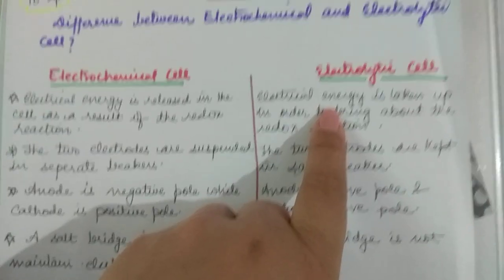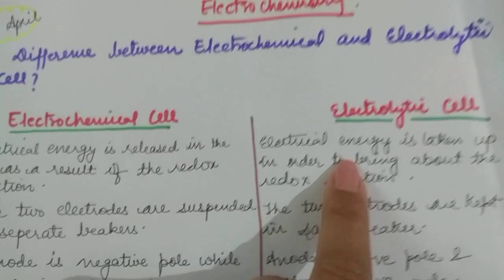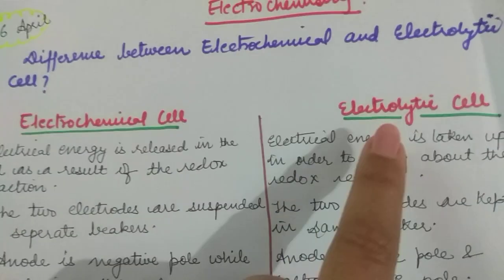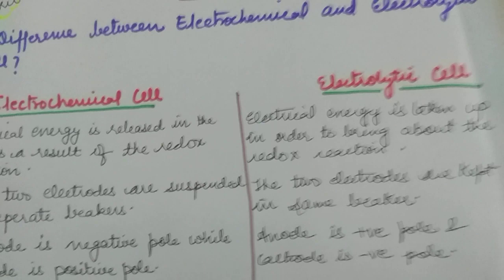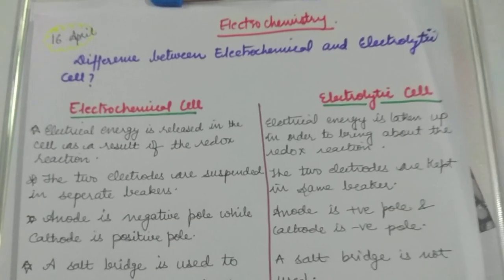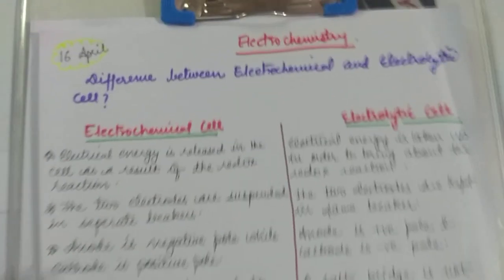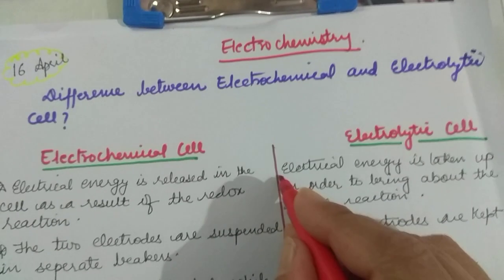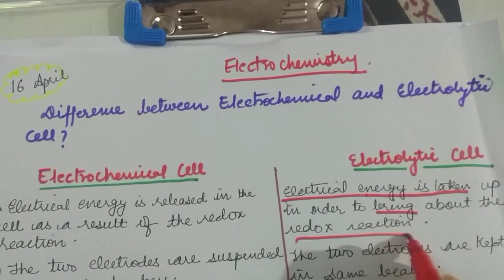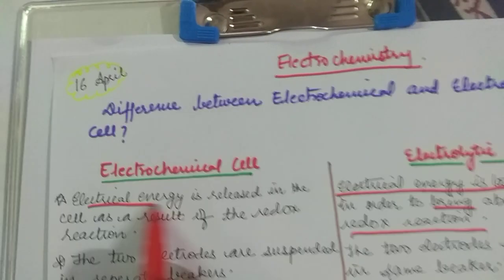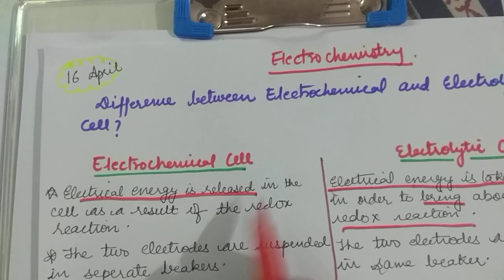Whereas in case of electrolytic cell, electrical energy is used and redox reaction takes place. It is just the reverse of electrochemical cell. Here electrical energy is used to bring about redox reaction, and there electrical energy is released as a result of redox reaction.